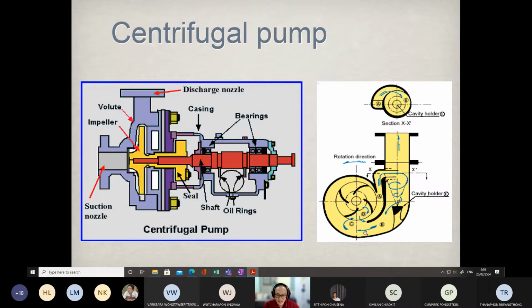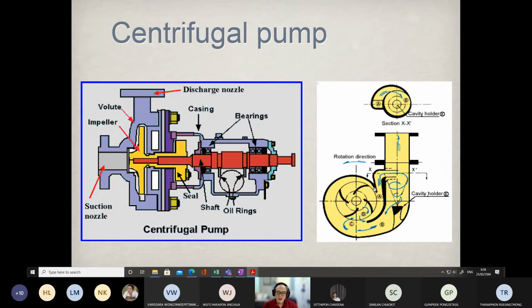This process increases the pressure or the head of the liquid, so that the liquid can move up. This is why the liquid can be lifted from lower elevations to upper elevations.